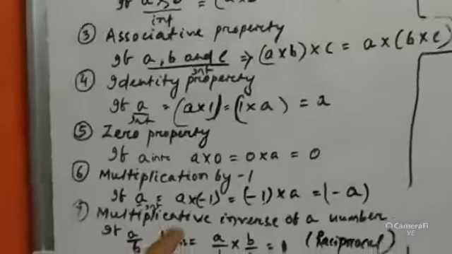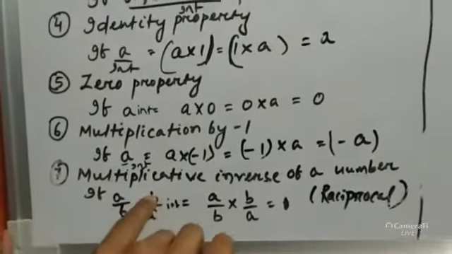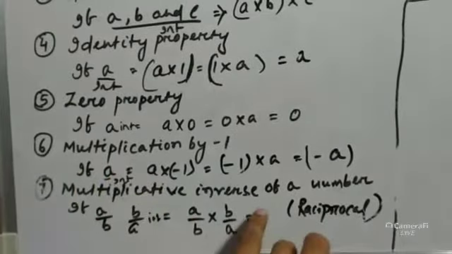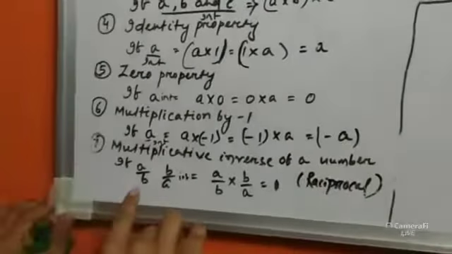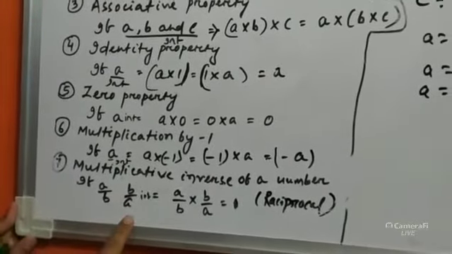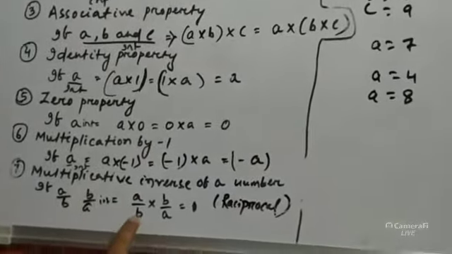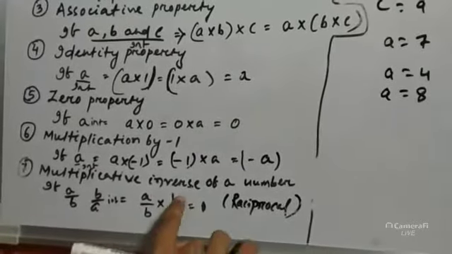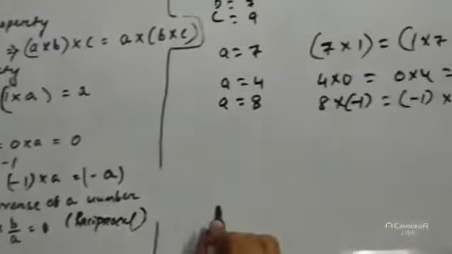Now we'll discuss the multiplicative inverse of a number. If a by b is an integer, then its reciprocal is b by a. And when a by b is multiplied by b by a, it gives the product 1. How will I show that?